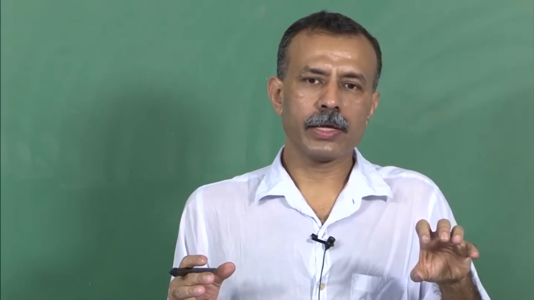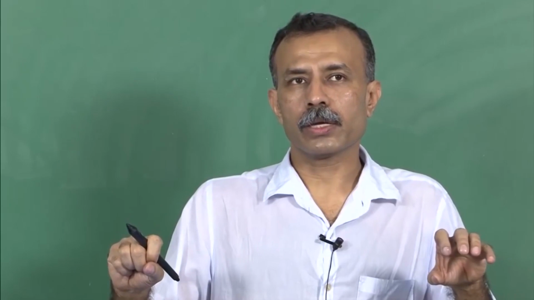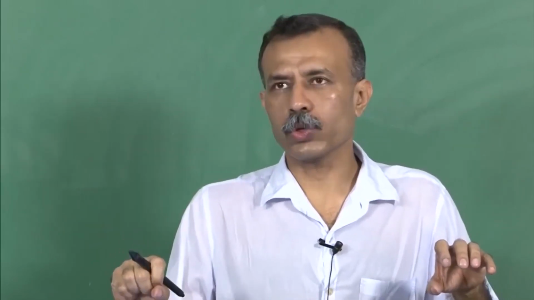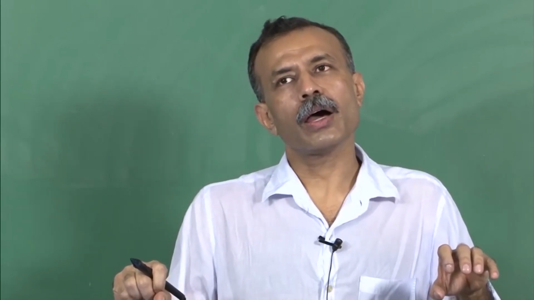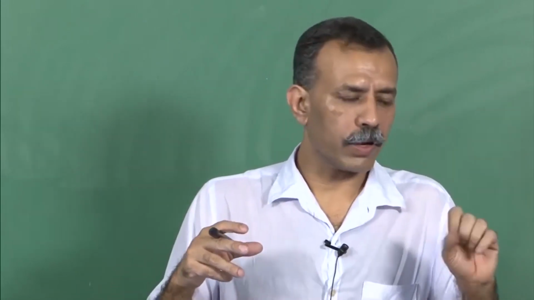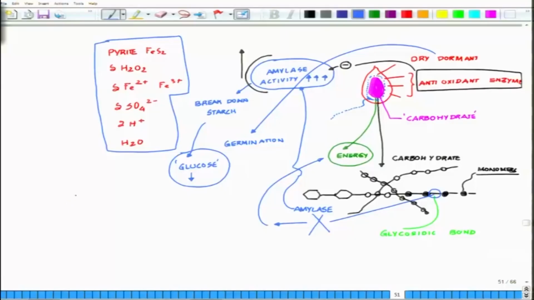I am breaking a starch, you are breaking a starch. But if I break a starch faster than you, then I will be harvesting more energy faster than you. Okay? So, say for example, you have A and you have B.